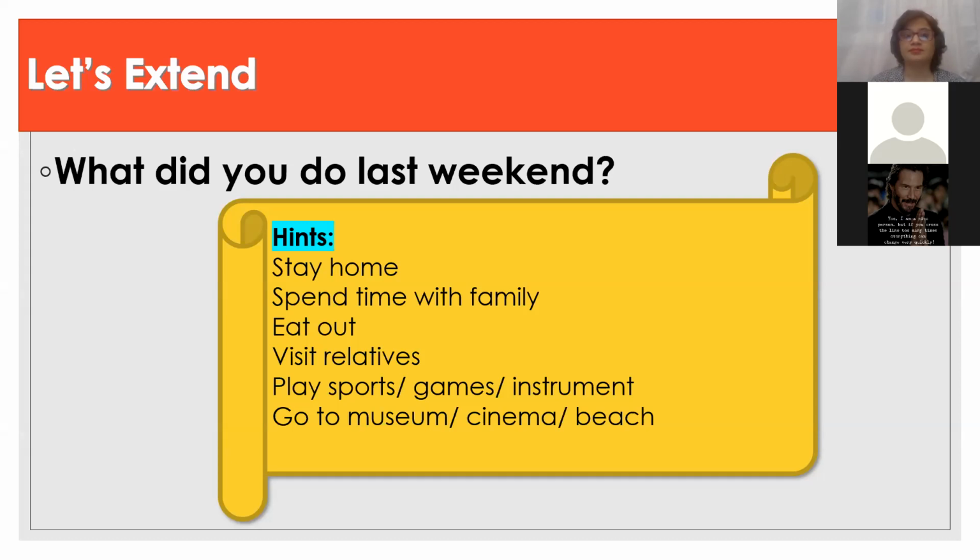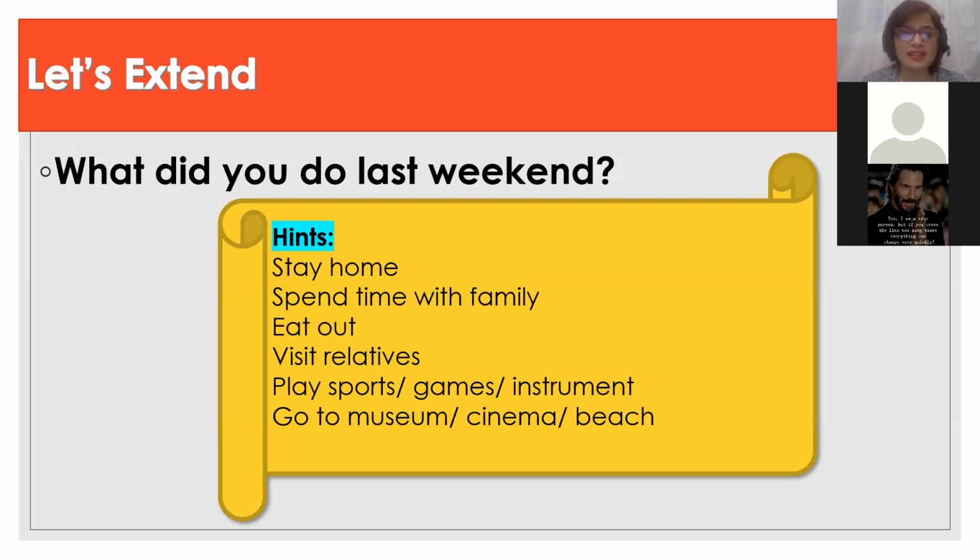Past indefinite. You would use past simple or past indefinite, correct? Okay, who's telling me first? Using all these words is not necessary. These are just hints. You can use whatever you want. These are hints given to keep you on track.